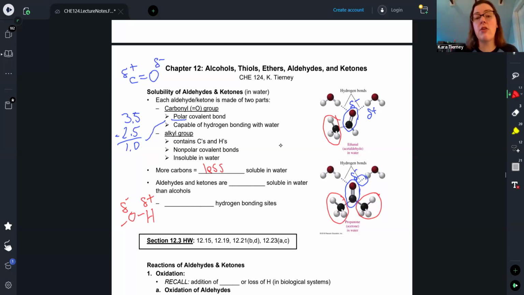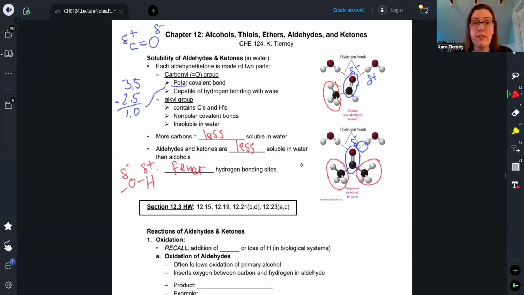So aldehydes and ketones are less soluble in water than alcohols, and this is because they have fewer hydrogen bonding sites. So that finishes up section 12.3 for us.